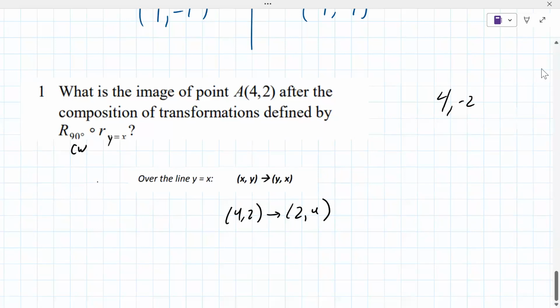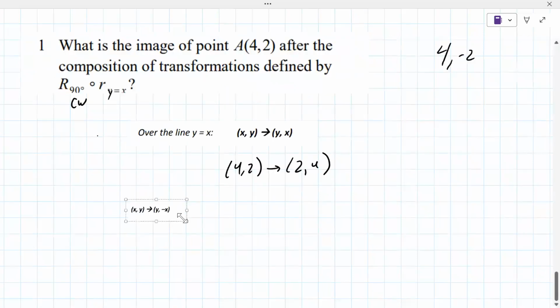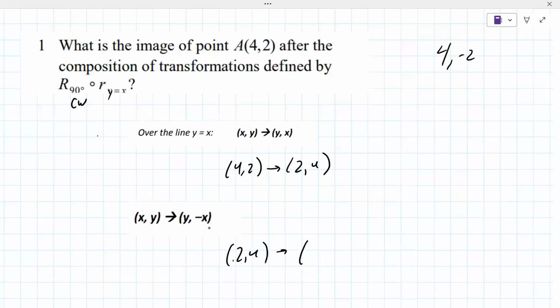And the 90 degrees clockwise, we've done a bunch of those, but it's good to just keep going and grabbing it. I see it as you bring the y value over, and then you negate the x, which is exactly what you said there.